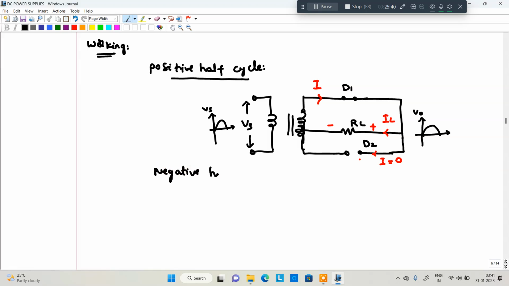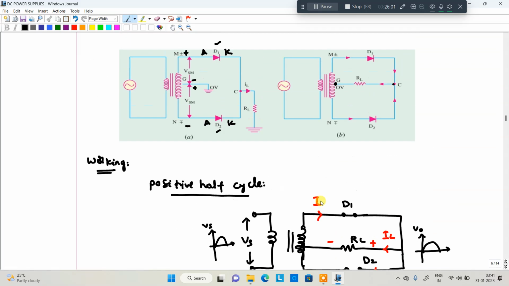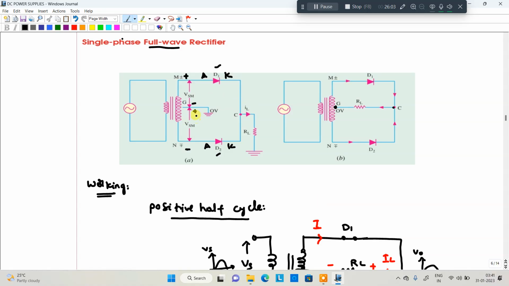In the negative half cycle, the same thing is repeated. Look at here, RL. Okay, so in the negative half cycle, what will happen? The polarities will be negative and positive.